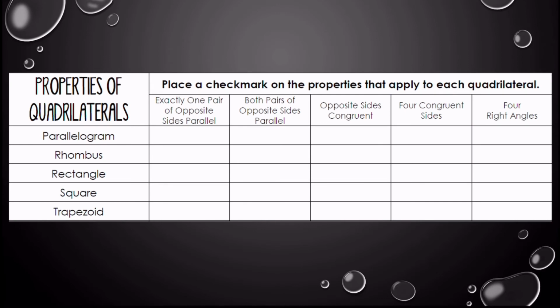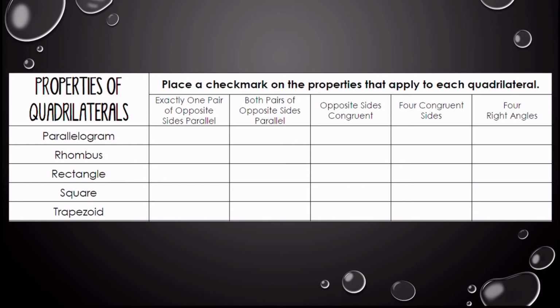So we're going to shift gears and go into the types of quadrilaterals. There are specific types. Just like every single one of you is a Venice Middle student, you have a specific name, okay? So we have to look at these specific types.